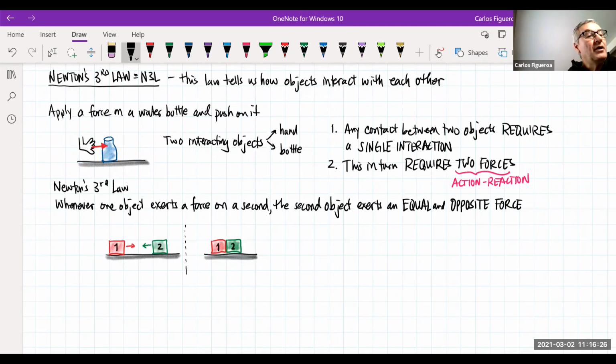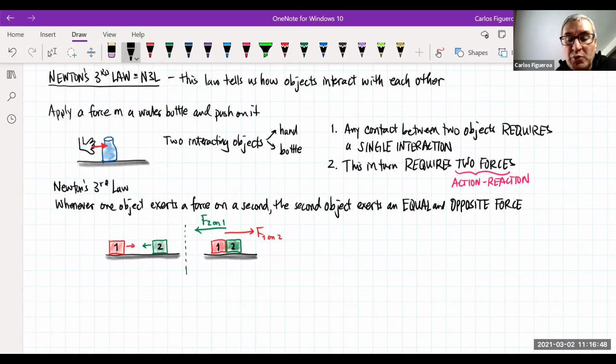They're now interacting. What Newton's law says is that the force of 1 acting on 2 is going to be equal and opposite to the force of 2 on 1.